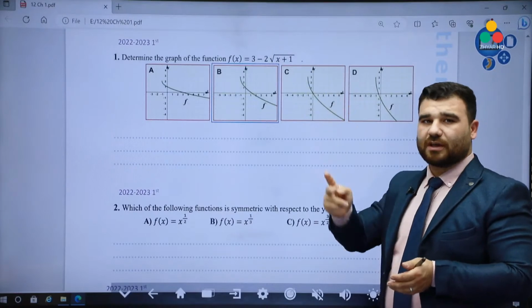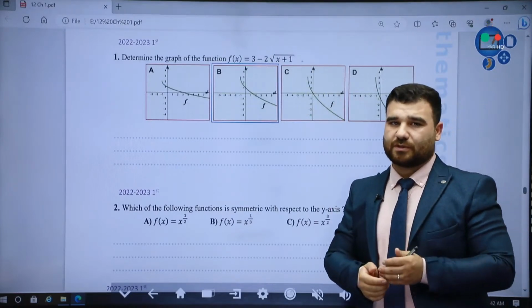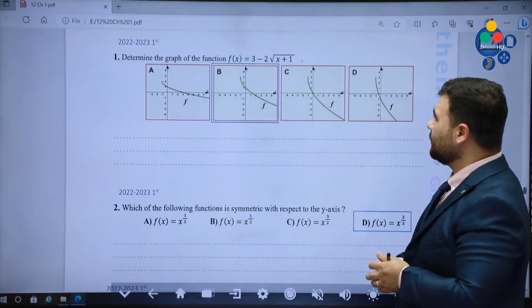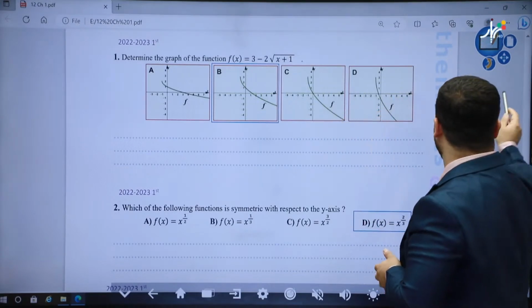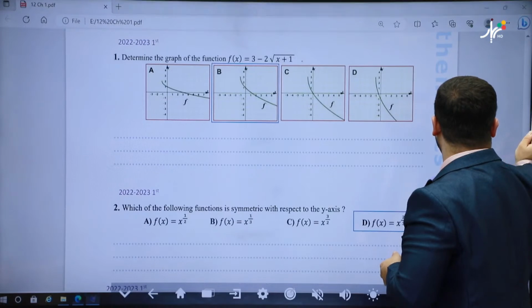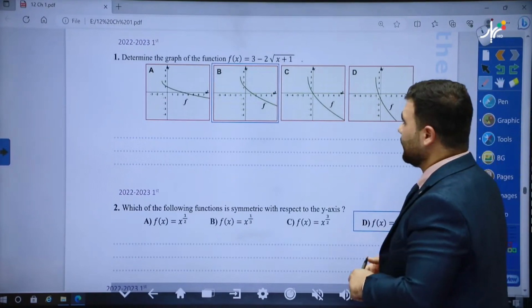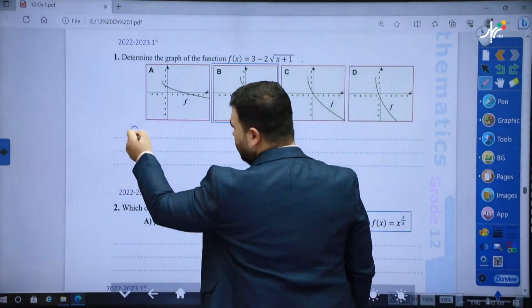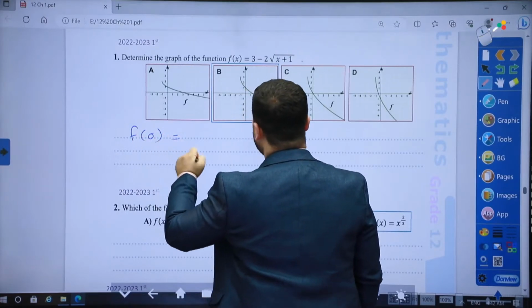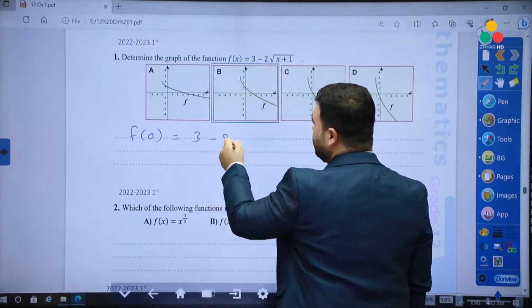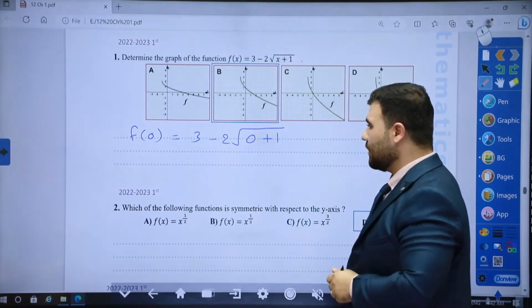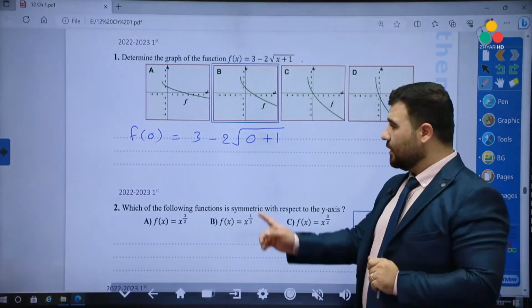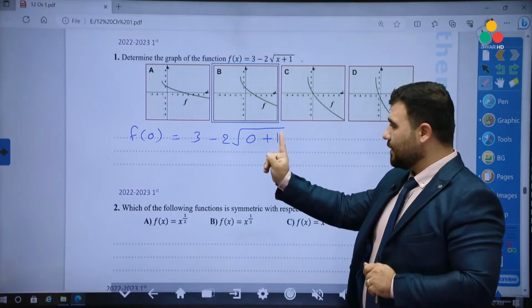Square root of 4 is 2. Again, I will not see a decimal, which is good. Then let's go with 0 and see the point. F of 0 is equal to 3 minus 2 times square root of 0 plus 1. 0 plus 1 is 1. Square root of 1 is 1.